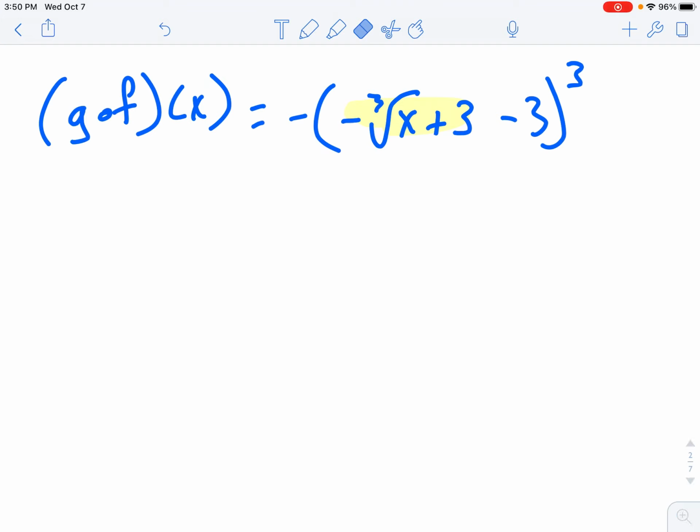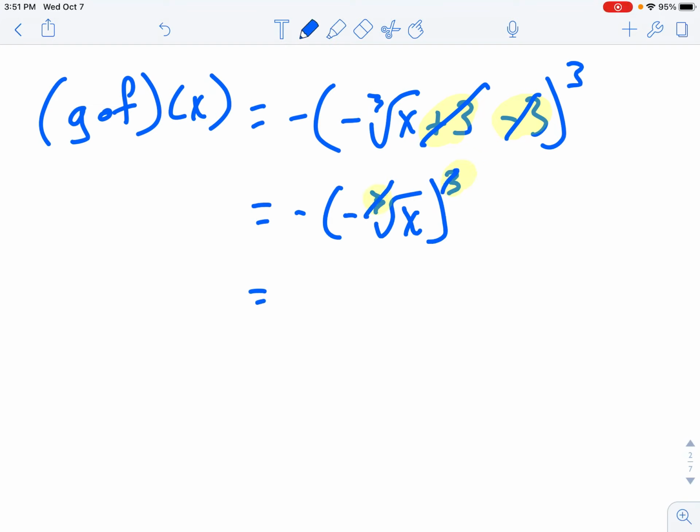Well, we can follow order of operations when we simplify this. In parentheses, we have plus 3 minus 3. They cancel out. So I get negative cube root of x cubed. Now, what does a third power do to a third root? Just like before, they cancel out, leaving me with negative x. And then two negatives. Negative times negative equals positive x.